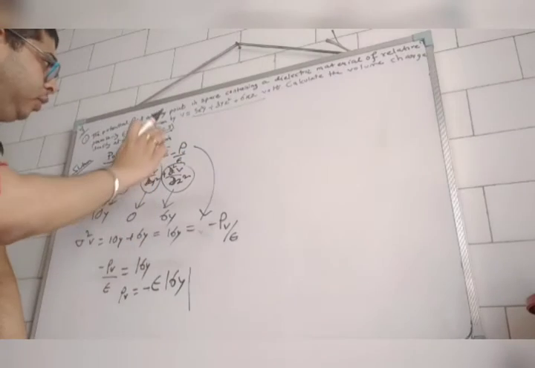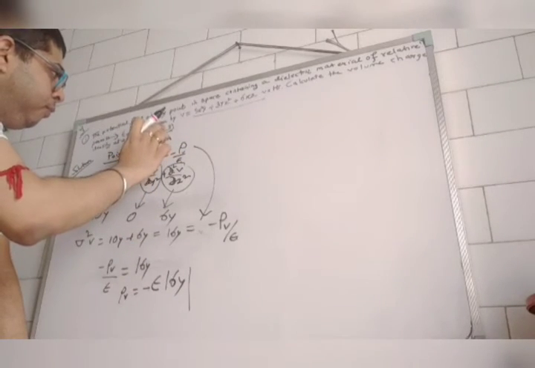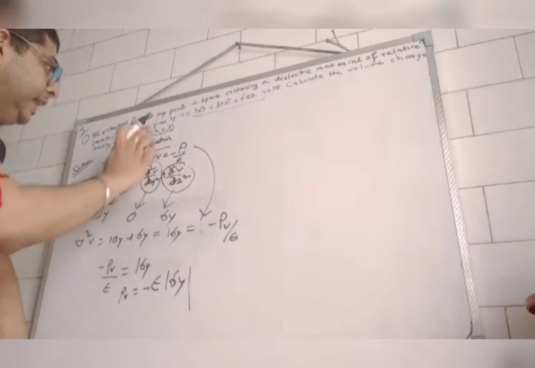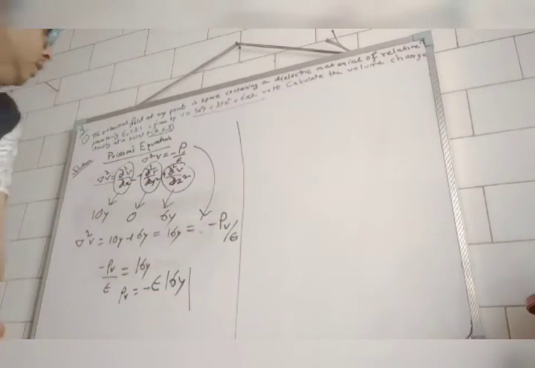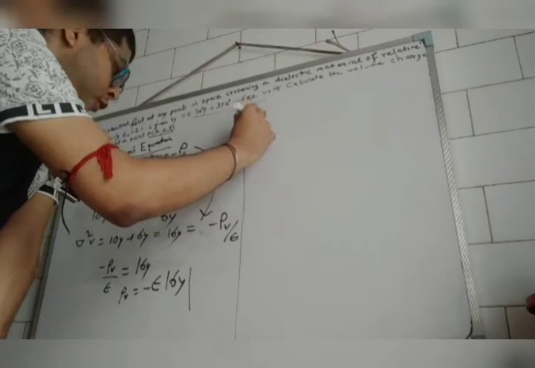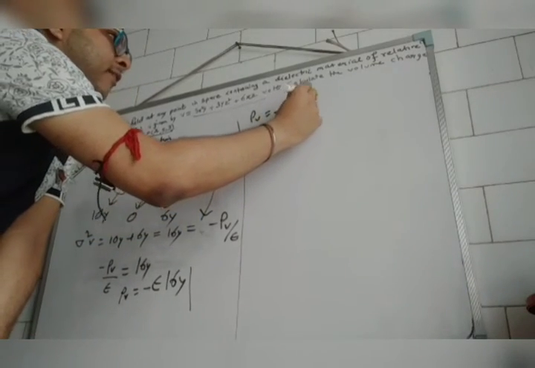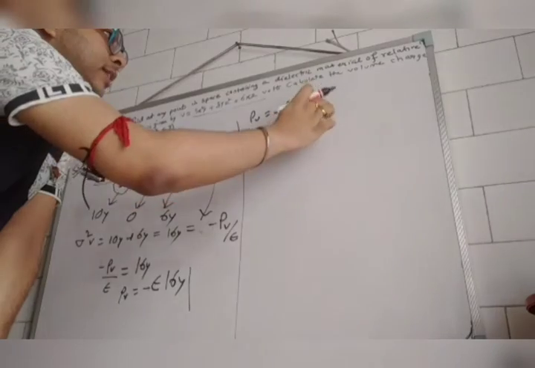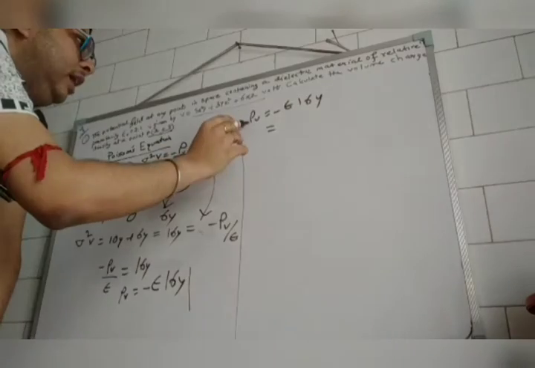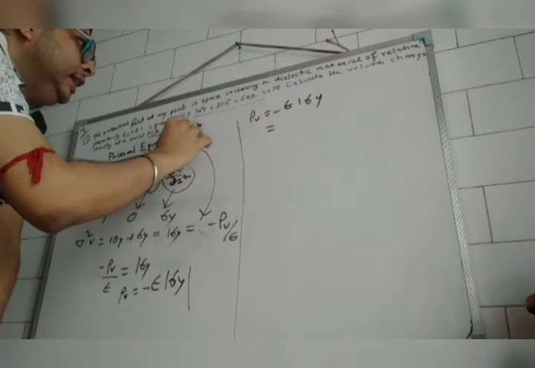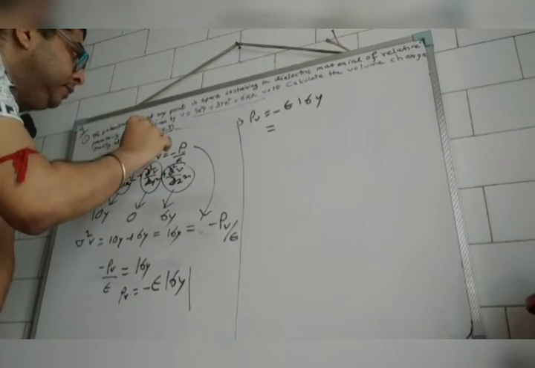So if I find the volume charge density at this point, that means we have rho V equal to minus the permittivity times 16y. Tell me what is the value of y? It will be 5. If I want to calculate the volume charge density at this point, then you can see y is basically 5.